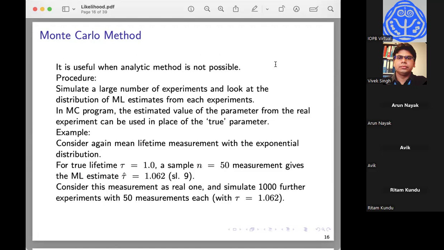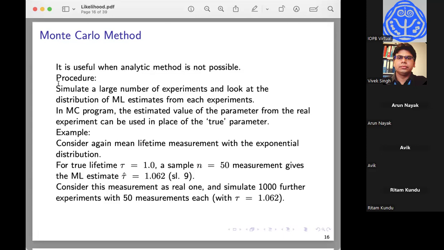For each experiment, you have n observations, and from each set of observations, you get the ML estimate using the standard method of maximum likelihood, and then you look at the distribution. From this distribution, you can get the sigma. Okay, that's the typical way we do the Monte Carlo method.